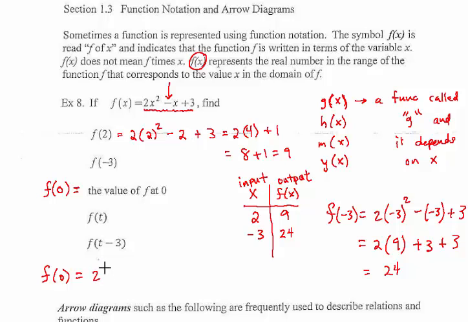So that looks like this: 2 times a 0 squared minus a 0 plus a 3. And in this case, the first two terms, they get knocked out by the 0. Okay, a 0 times a 2 or a 0 squared is still 0. So the only thing we're left with is a 3. Alright, so our input here was 0 and our output was 3.